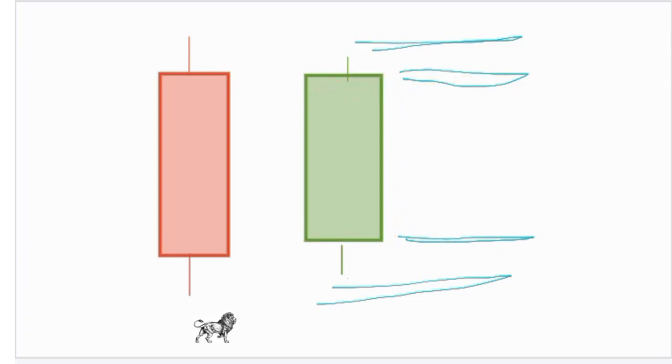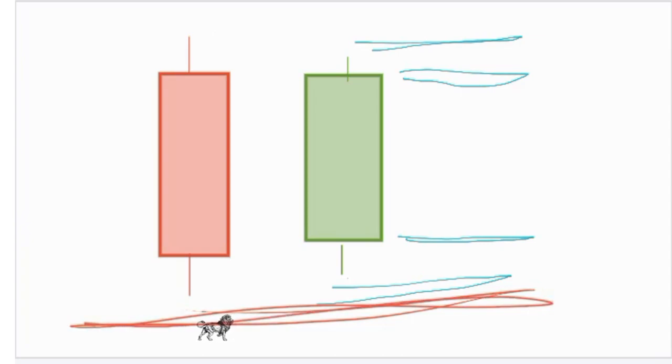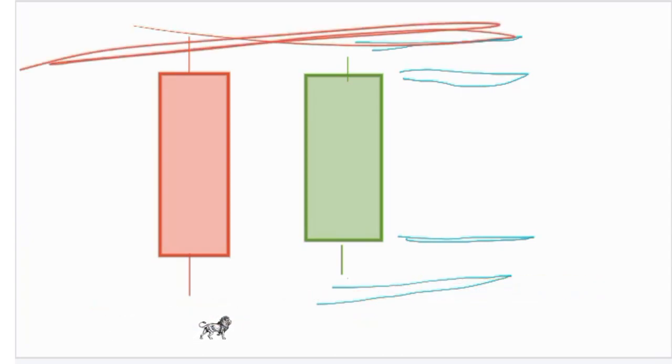The bearish is coming down, so the bearish opens at the top and closes at the bottom. All right, so this is a low, this is the high.